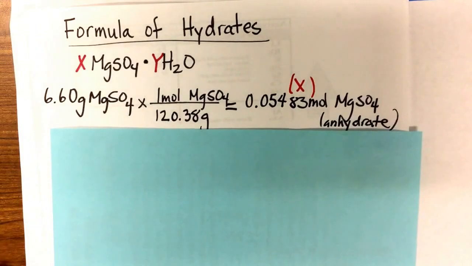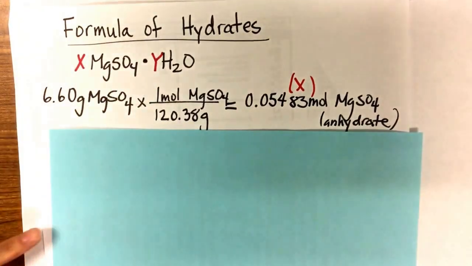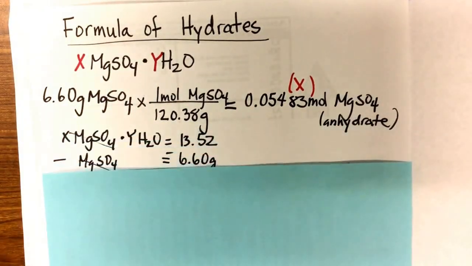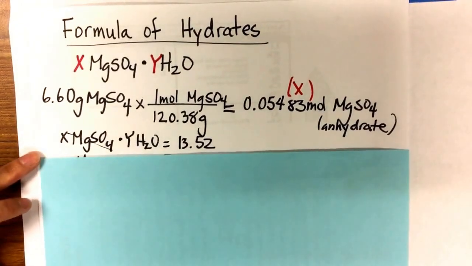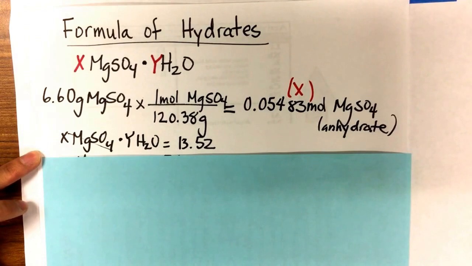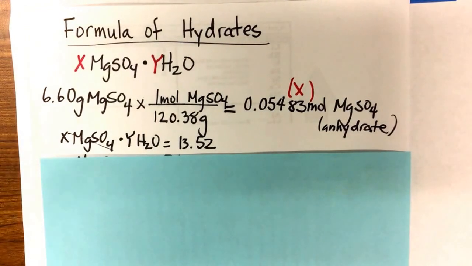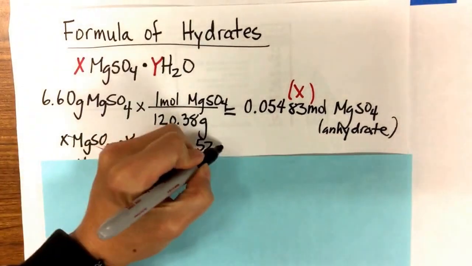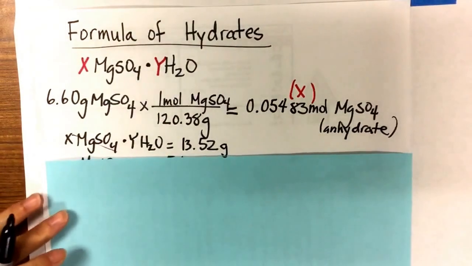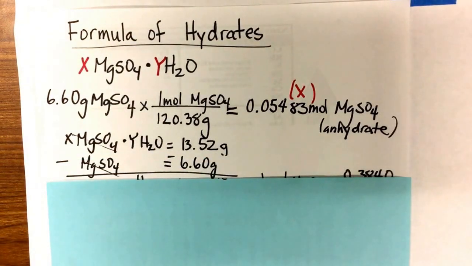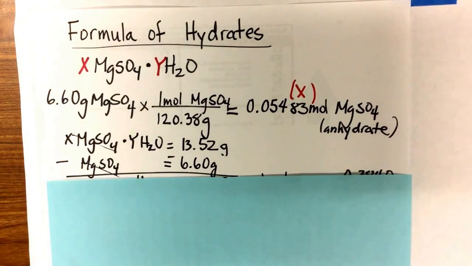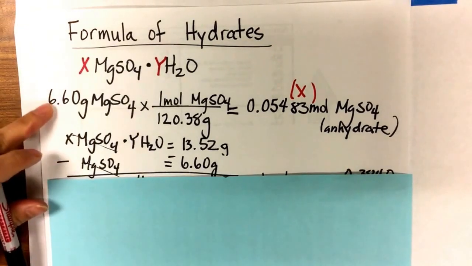We need Y. To solve for Y, we need water, and to know how much water there is, we do a little subtraction. We know that the mass of the hydrate is 13.52 grams, and the mass of our ionic salt by itself, without the water, is 6.6 grams, like it was stated earlier.